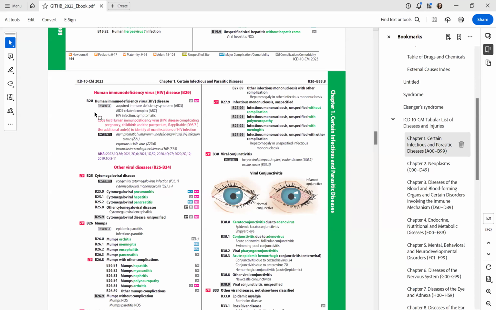So in this case, code first HIV disease, and if it's applicable, for example, in a pregnant woman, postpartum, it would be O98.7. Use additional codes to identify all manifestations. And we can see some of that when we look for the codes for Kaposi sarcoma. Let's take a look at that.